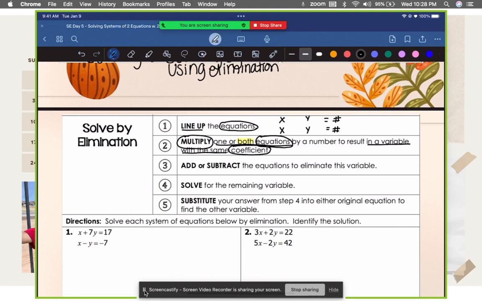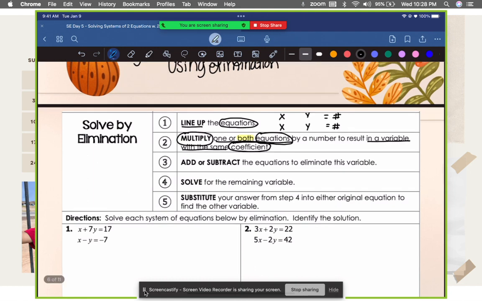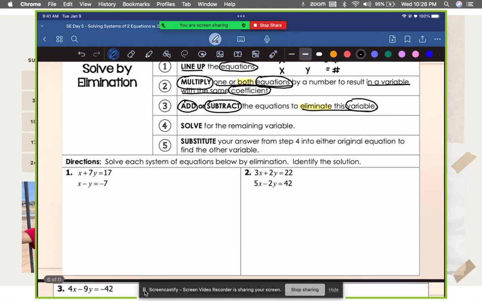Okay, and then step 3, we're going to add or subtract. That's 2 mathematical terms. The equations to eliminate. Okay, eliminate the variable, or this variable, a specific variable. Okay, you're going to, of course, solve for the remaining variable.